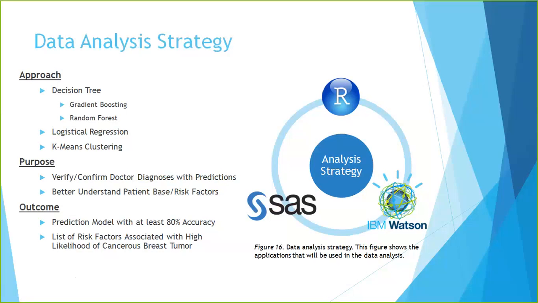And then since the data contains a binary target variable, I'm going to do a logistic regression model within Enterprise Miner as well for comparison. The final prediction model will then be compared against a decision tree that's going to be created within IBM's Watson. And then the ultimate goal of my analysis is to create at least one model that can predict whether a tumor is cancerous or not with 80% accuracy.